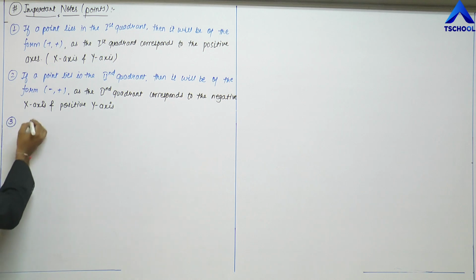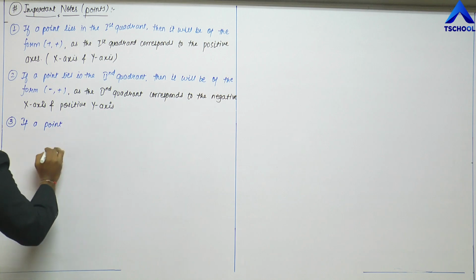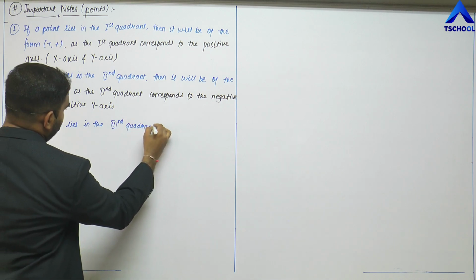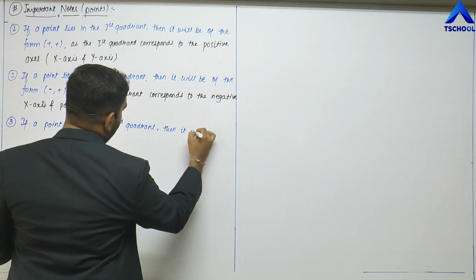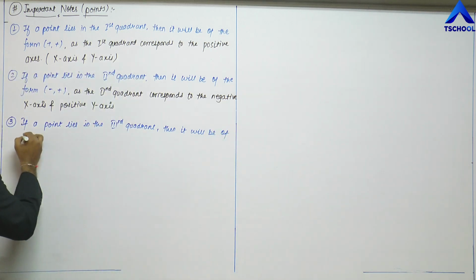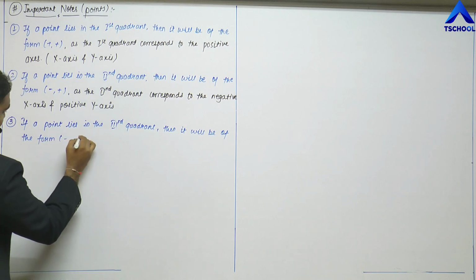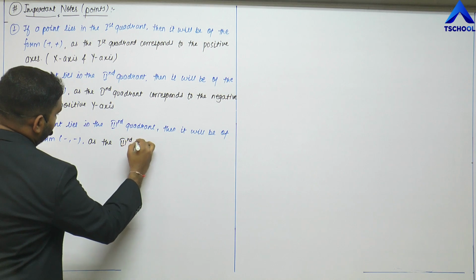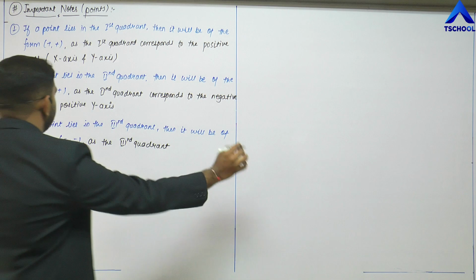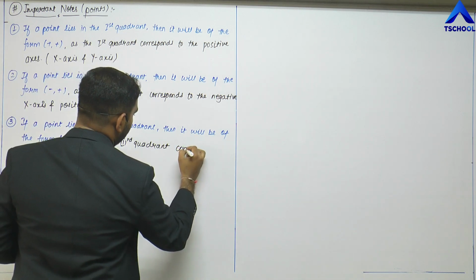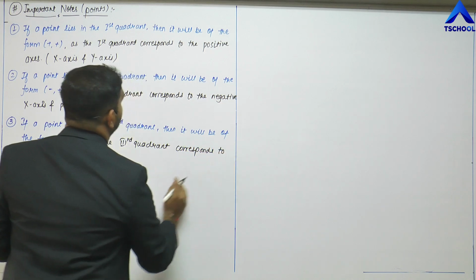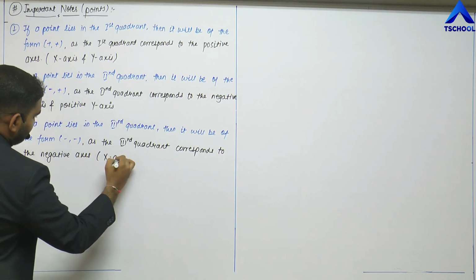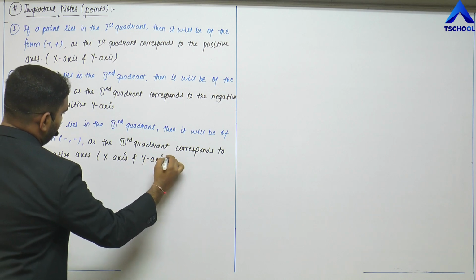So third one, if a point lies in the third quadrant, then it will be of the form minus minus, as the third quadrant corresponds to the negative axes, that is x-axis and y-axis, right?